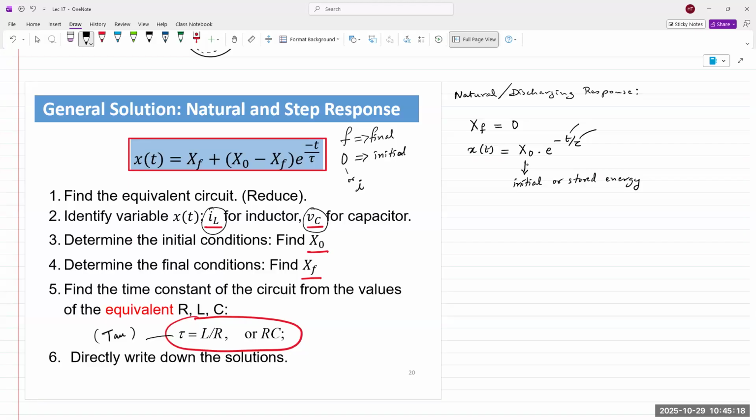Okay, so in a circuit, if we have an energy source, since we're talking about discharging, let's do it this way.